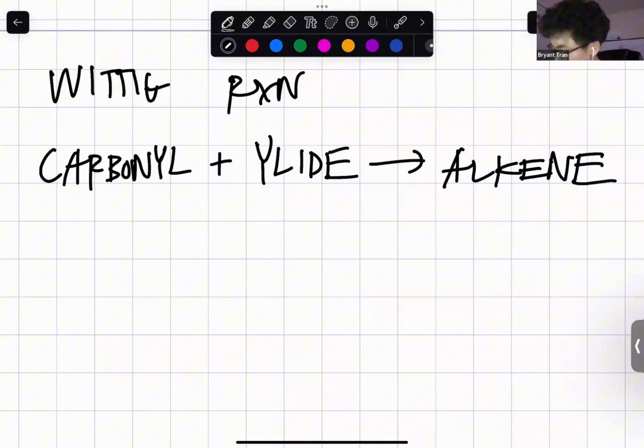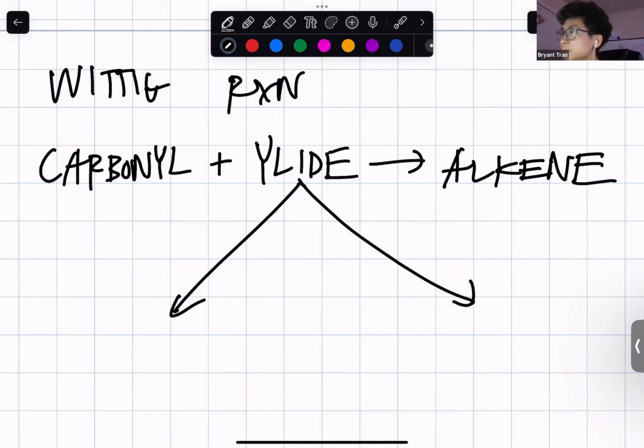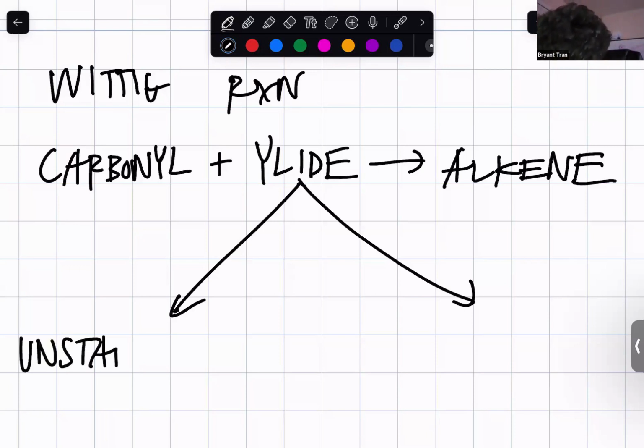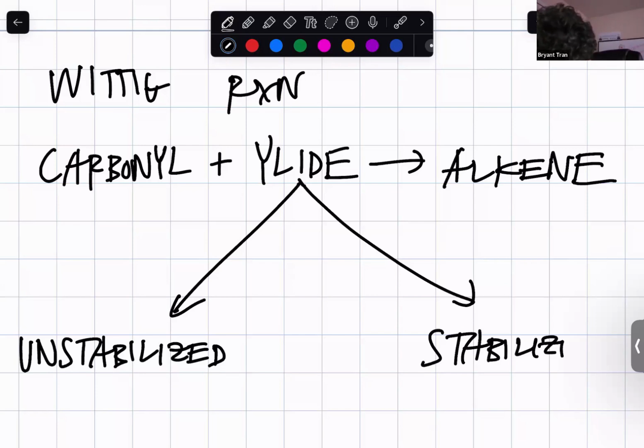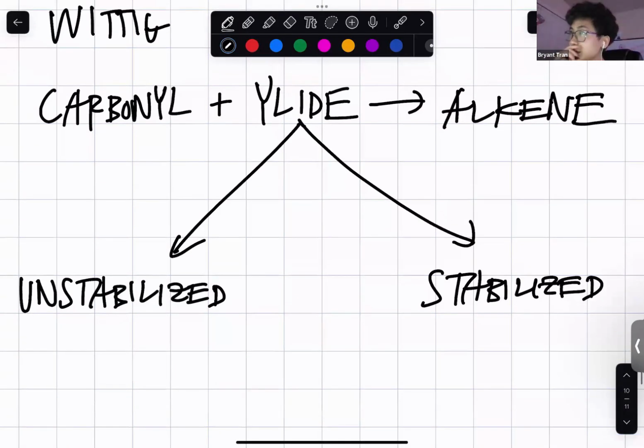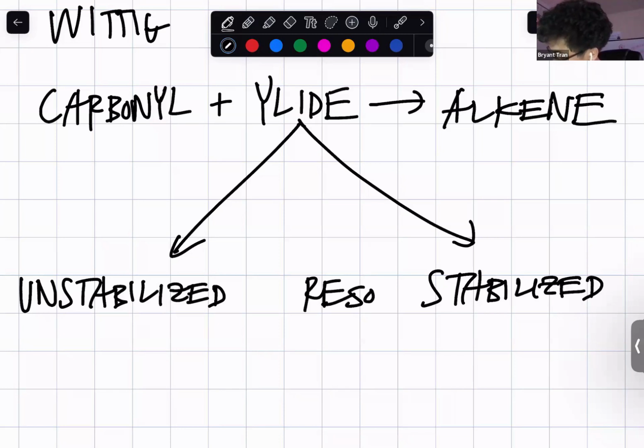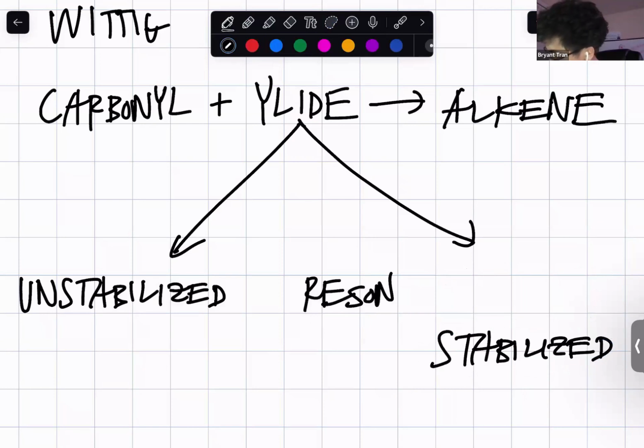We can categorize the ylide into two things: the unstabilized ylide and the stabilized ylide. An unstabilized ylide is unable to do resonance, whereas a stabilized ylide is able to do resonance.